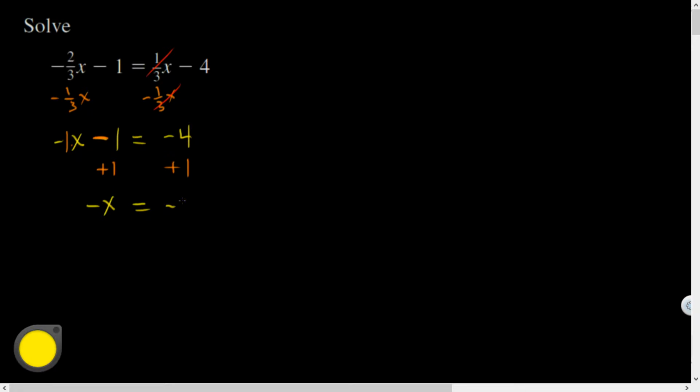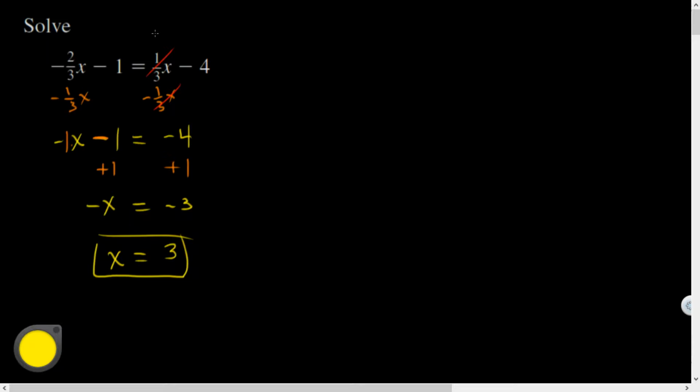Negative 4 plus 1 is negative 3. And if the opposite of x is negative 3, then positive x is equal to positive 3, right? It's just the opposite. So I get a solution of x equals 3.